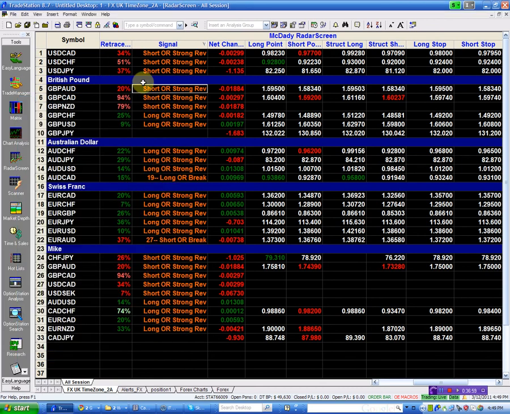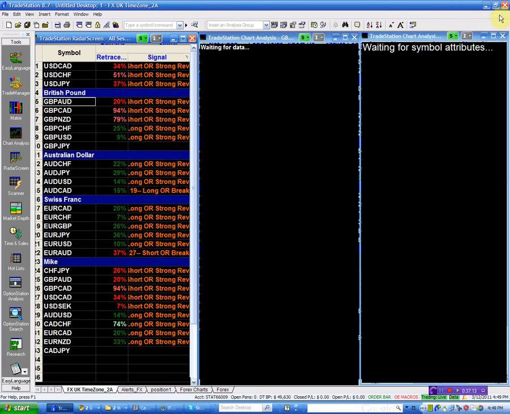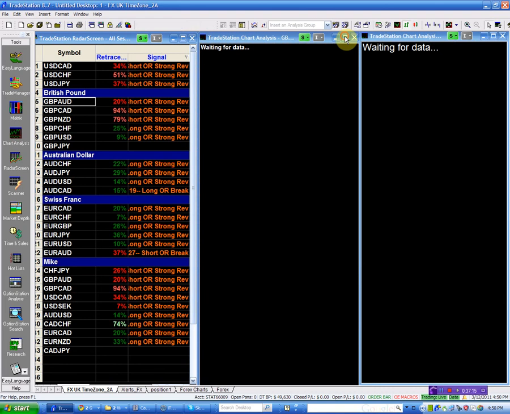So now short means I want to sell the euro Aussie, the pound Aussie, and it was reversal. It was going up, it changed its mind, it's coming down, and it's a strong reversal. So if I click on it like this, you would see that it was originally going up, and then it has changed its mind, and you'll see the reversal.